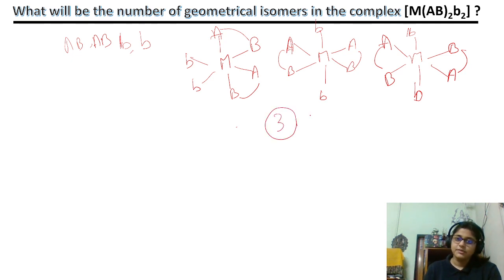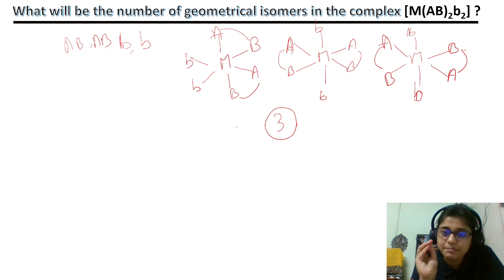The answer will be 3. Any other possibilities if you see? No other possibilities, right? Don't get confused by seeing the structure. Just take these ligands in a simple form, treat them like two atoms, attach with one side first, and then change the atoms one by one.